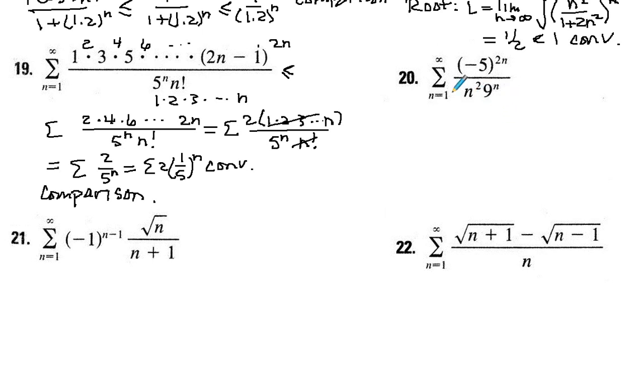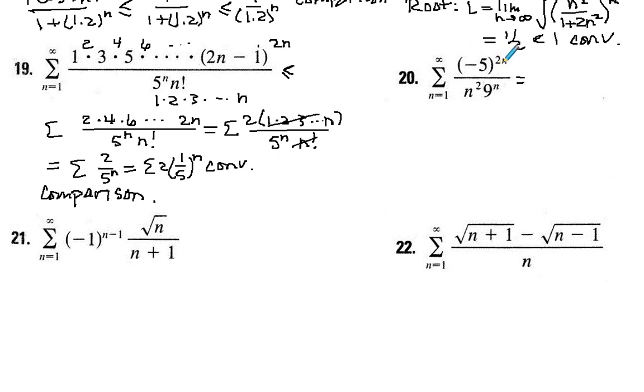Okay, let's see, the nth power is here, but then an n squared. So we've got some exponentials, we've got a power function, and we've got a negative out in front. We could break the -5 up into -1 times... oh, you know what, no, this is a 2n power. So that's an even power.